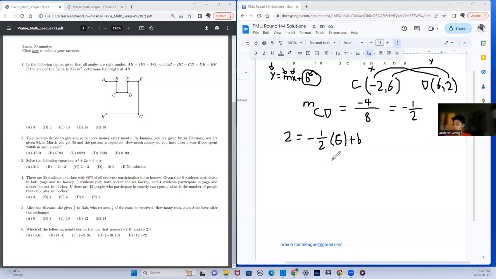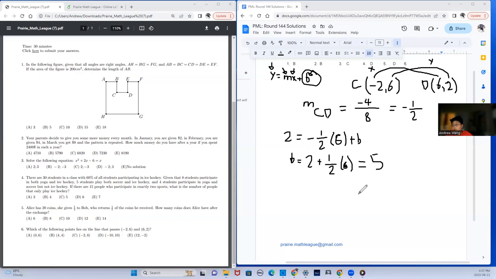Now, once we solve for b, b is equal to 2 plus half of 6, which equals 5.